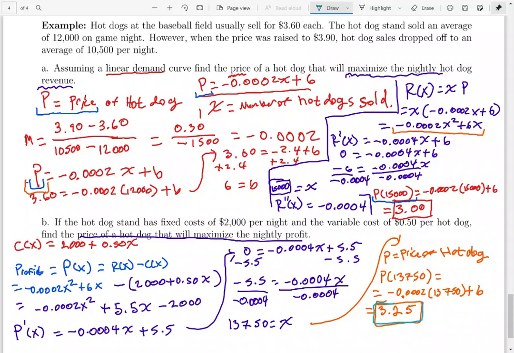This is what we should charge per hot dog if we're trying to maximize the nightly profit, whereas this is the price that we should charge if we want to maximize the nightly revenue. And so recognize that these things are different, but we just approach them slightly differently to find the answers.